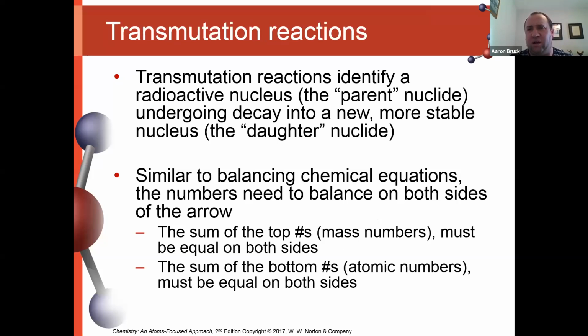I referred to this a little bit on Friday. These are the ones that involve relatively simple adding and subtracting. In a transmutation reaction, we're tracking our parent nucleus, what we started with. This thing was unstable.